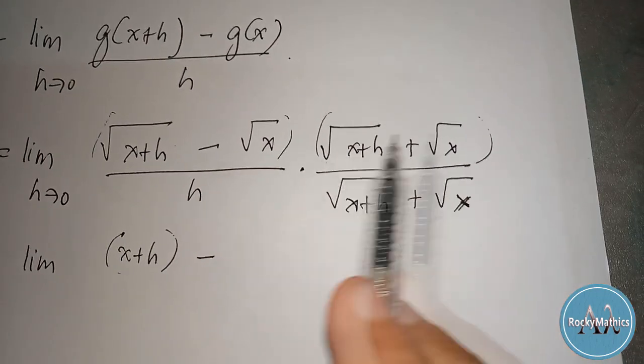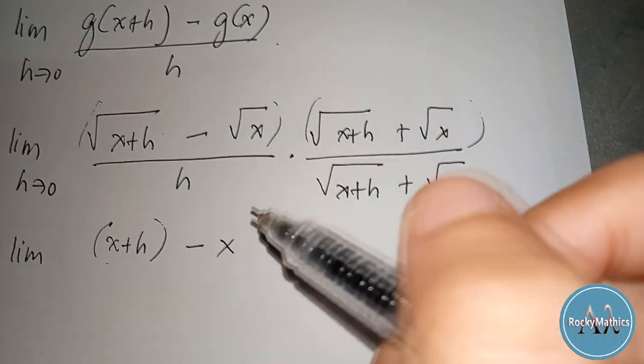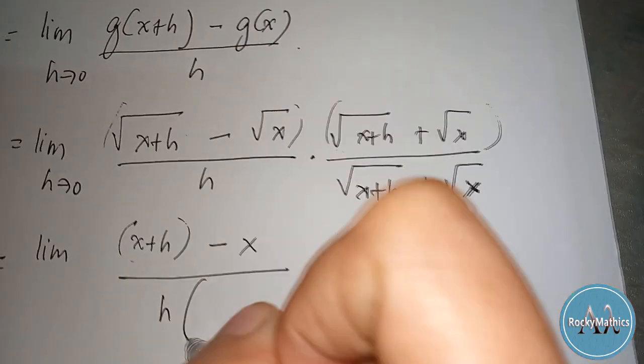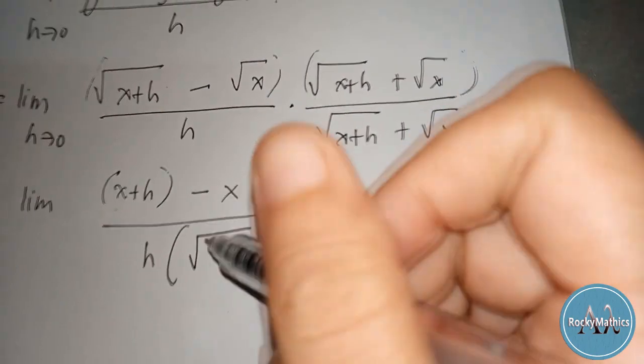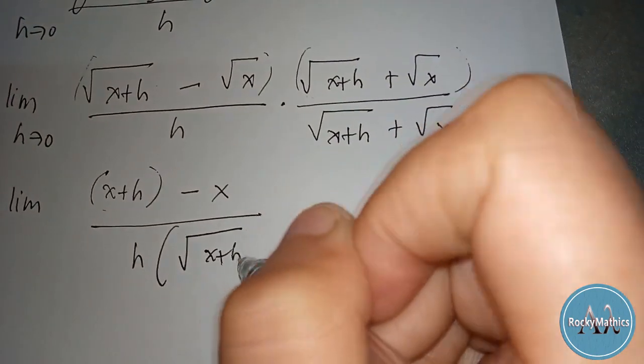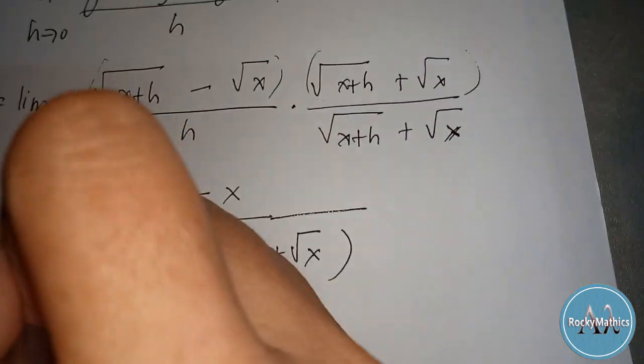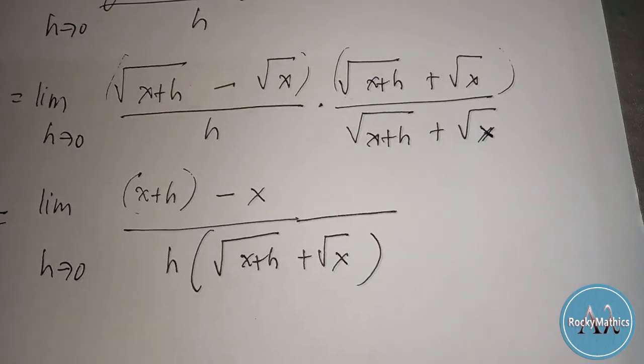Square root of x times square root of x is x only, over h times square root of x plus h plus square root of x, as h approaches 0.